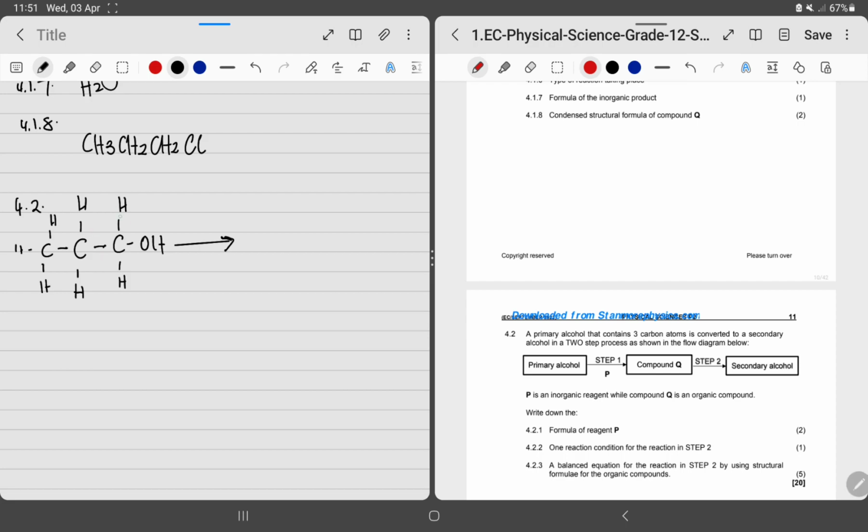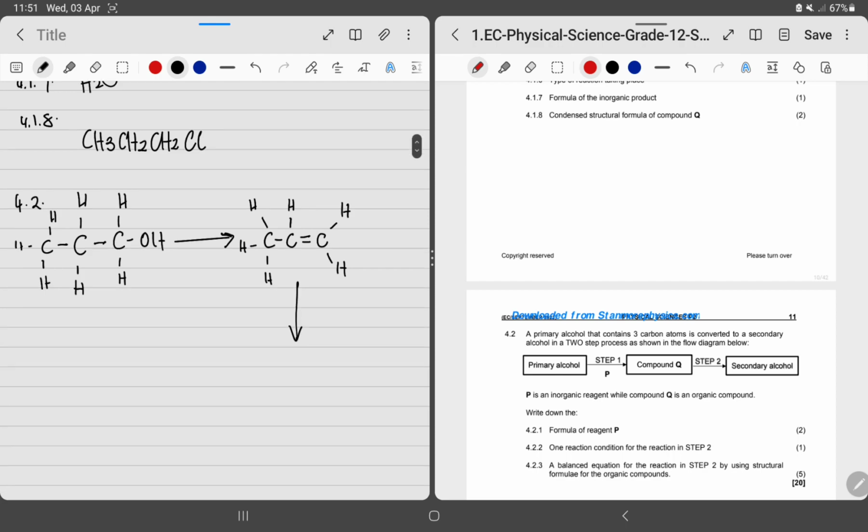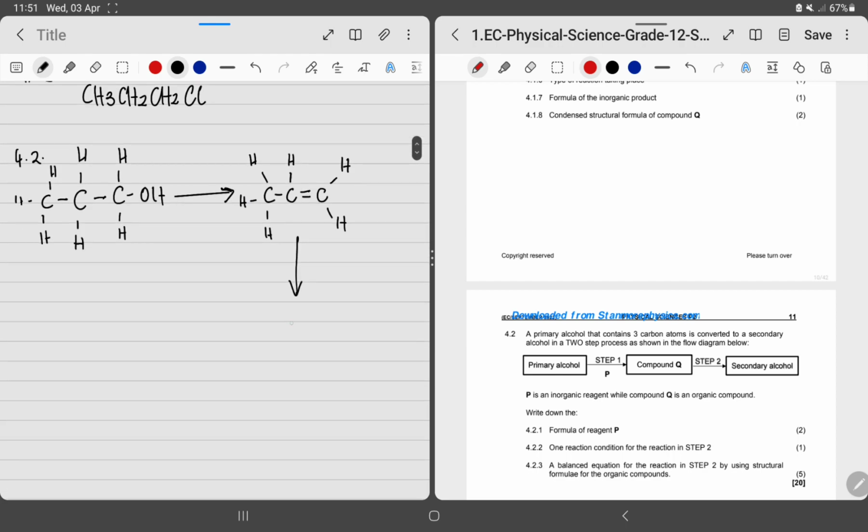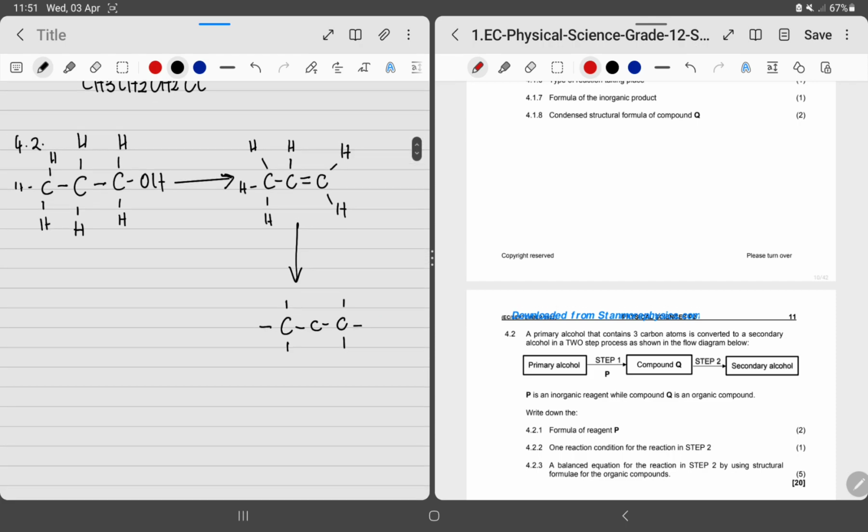Okay, so if this undergoes an elimination reaction to produce the corresponding alkene, I know that from here I can produce the corresponding secondary alcohol. According to Markovnikov, I'm going to need water here.